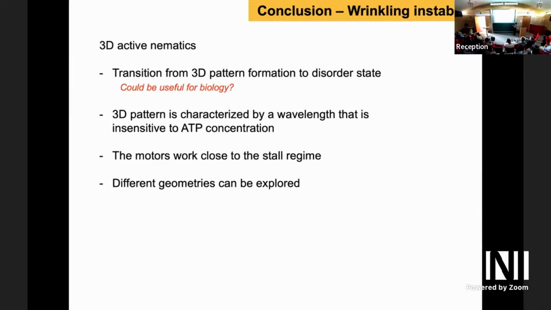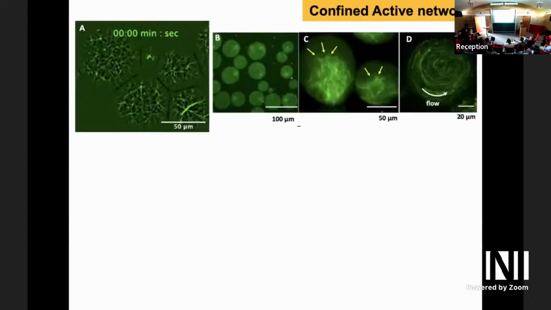And yeah, the different geometries can be explored, as I showed you. And as an absolutely last topic, I will show you how I also want to use these active networks.